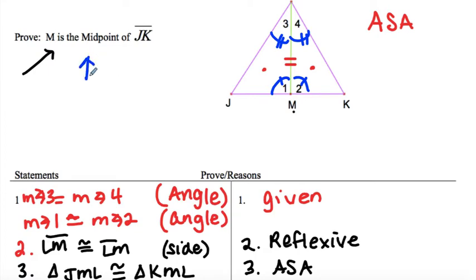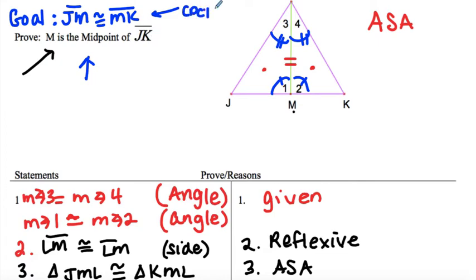The only way you can prove midpoint is to prove that JM is congruent to MK. If I can say that statement by CPCTC, then M is the midpoint by the definition of a midpoint.